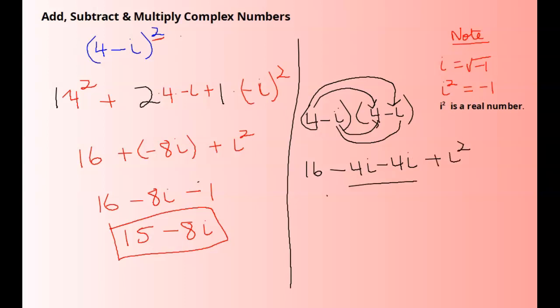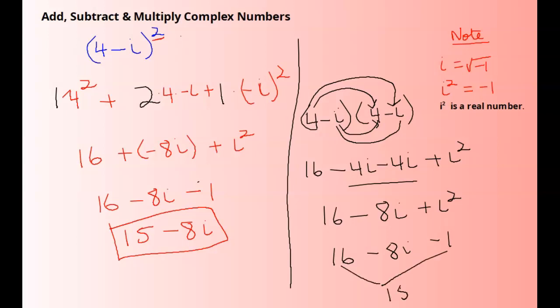So we got this the same. We combine the like terms, and here plus i squared, and this becomes -1, and this comes minus, so it becomes 15. That gives us the same.